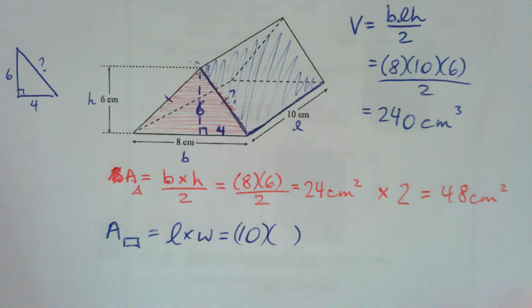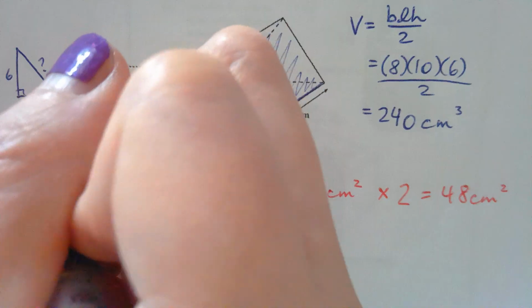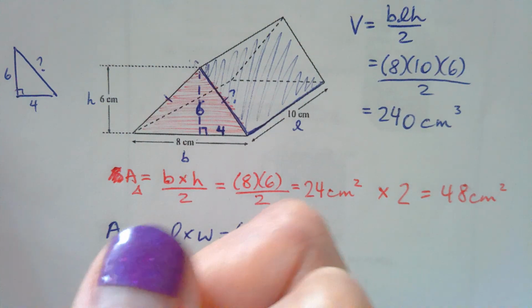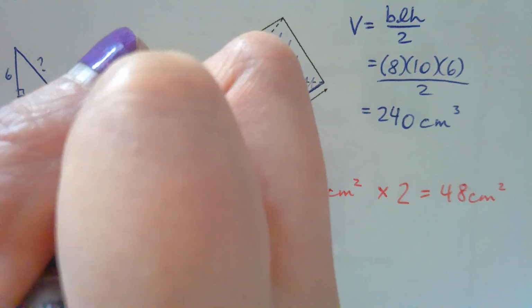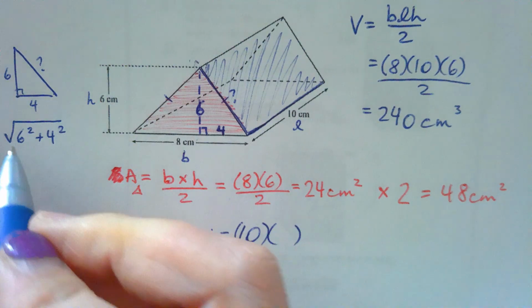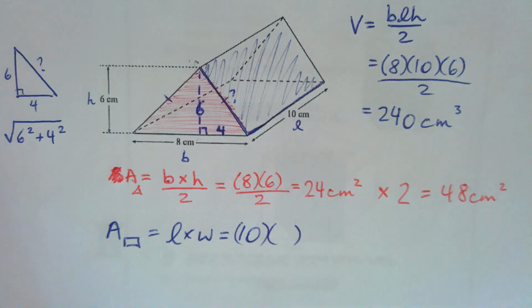So do Pythagorean theorem. 4, 6. Am I adding or subtracting? Adding. So remember we said just do it the easy way. The square root of 6 squared plus 4 squared. 6 times 6 plus 4 times 4.